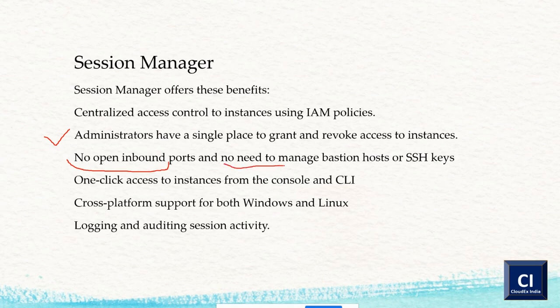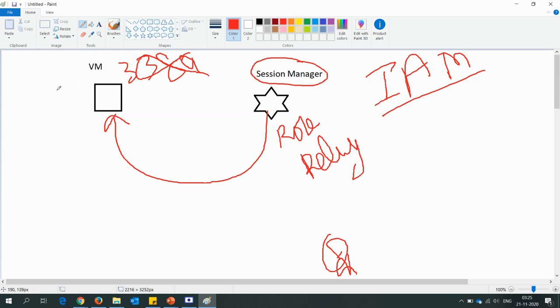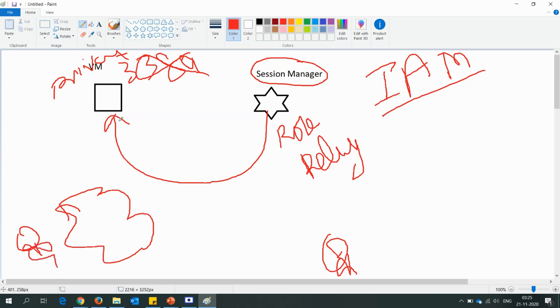Second thing, no need to manage a bastion host. What is a bastion host? If your virtual machine is in the private subnet and you want to access it over the internet, and you attach a public IP address to your virtual machine, that is exposed to everyone, and you really do not want to do this. So you first deploy your virtual machine into the private subnet, and you deploy a different virtual machine, known as your bastion host, into the public subnet.